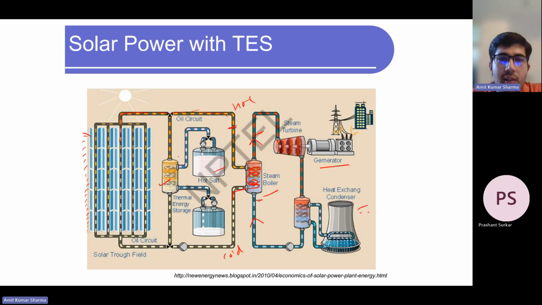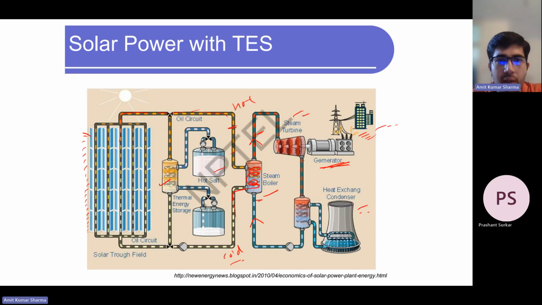In the heat exchanger, it gives its energy to the water, and the water is converted to steam, while the fluid loses its energy and becomes cold. So the steam is generated. Now the steam goes to the steam turbine and generates electrical energy that is supplied to housing, cities or towns.